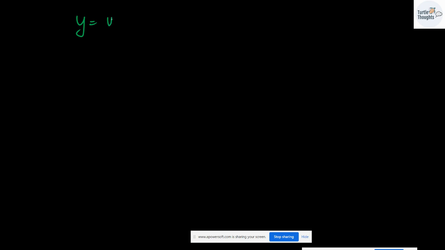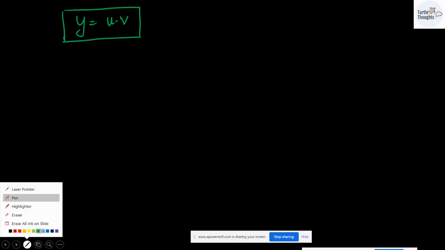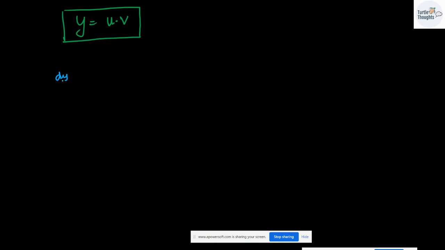If y is equal to uv, meaning that y is a product of two functions u and v, then the differential of y with respect to x is given by the first function multiplied by the differential of the second function plus the differential of the first function multiplied by the second function.